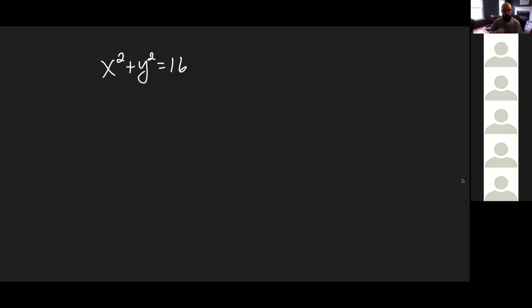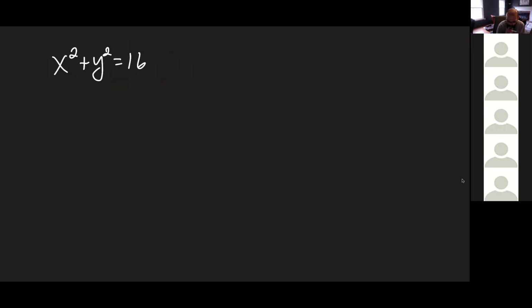Okay, so I have our function up here, x squared plus y squared equals 16. This is a circle that has radius 4 and is centered at the origin. We're going to walk through this process and see if we can figure out the process for taking the derivative of something that's defined implicitly like this.